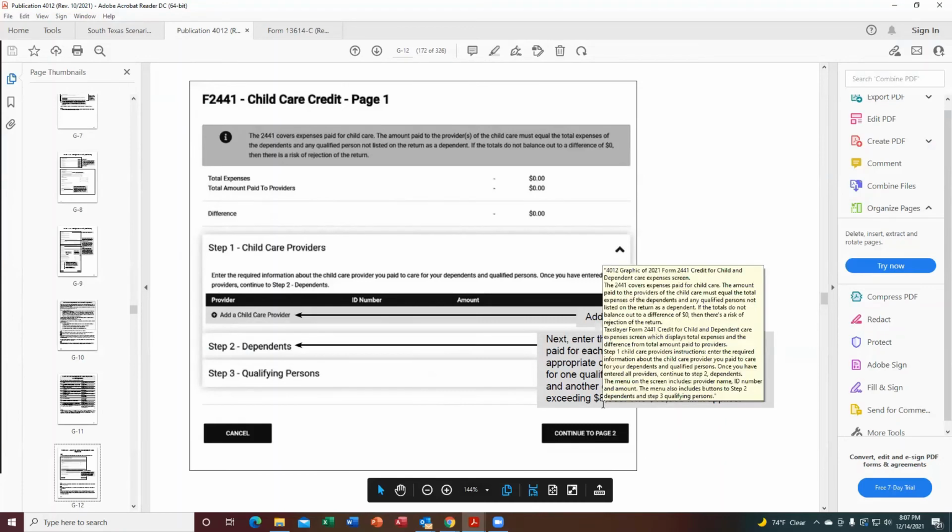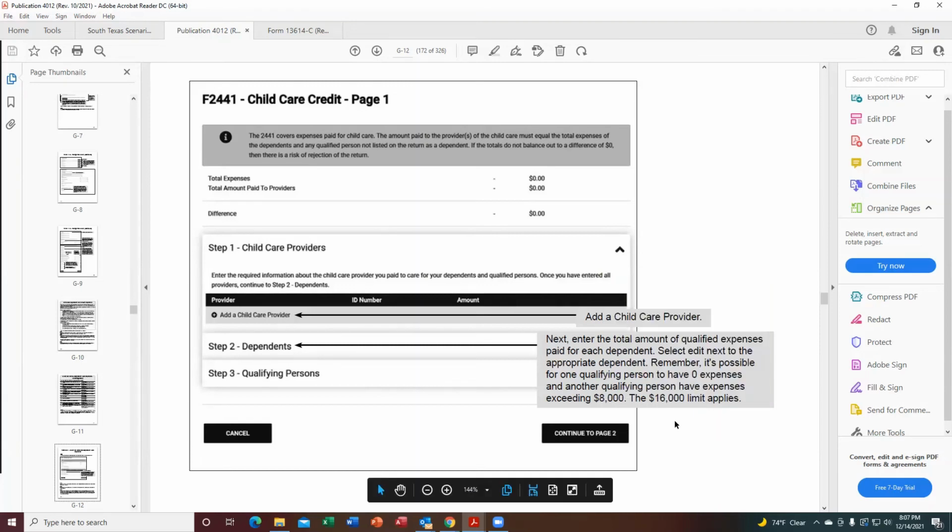Okay, now we're looking at $8,000. So this is a significant change in the amount. If you have more than one person, it goes up to $16,000. So this is a significant change from previous years. And if I remember correctly, I'm trying to remember, but it was in that webinar that I mentioned.